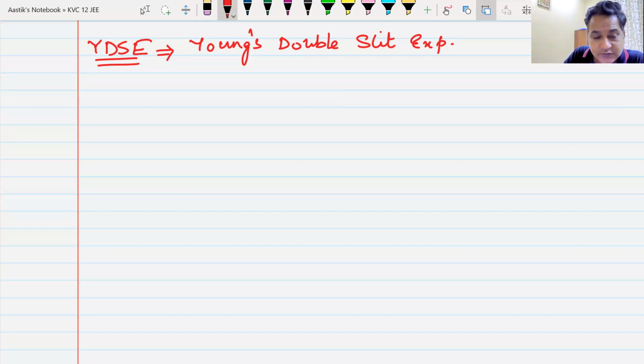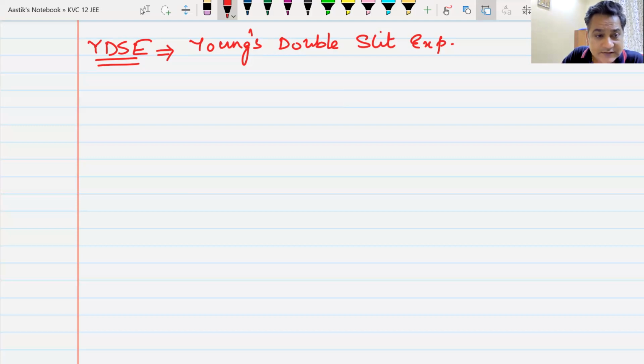As soon as we understand it, the name of the heading suggests what Young's double slit experiment is. We have seen interference, so constructive and destructive interference is going to happen, and it has a double slit.